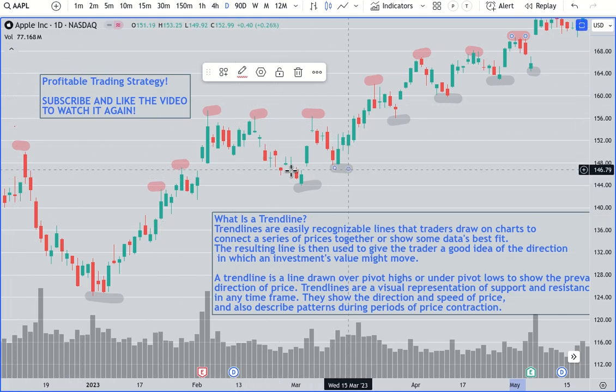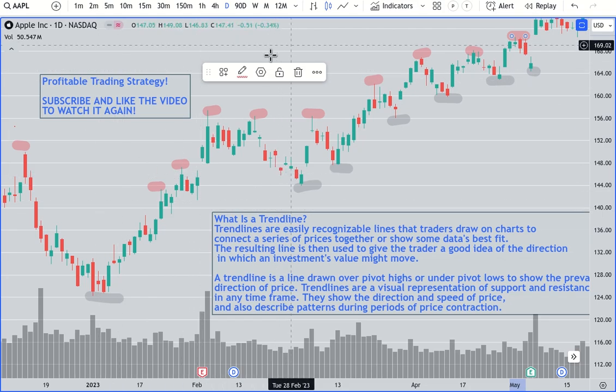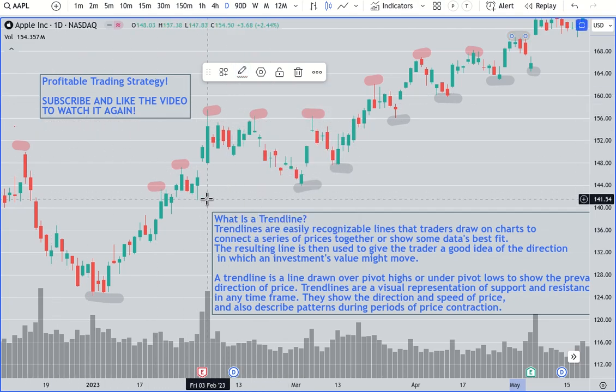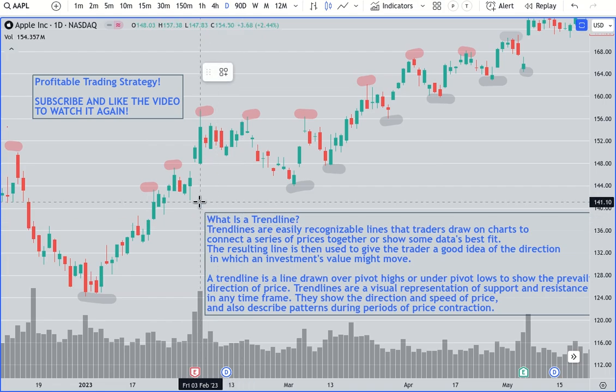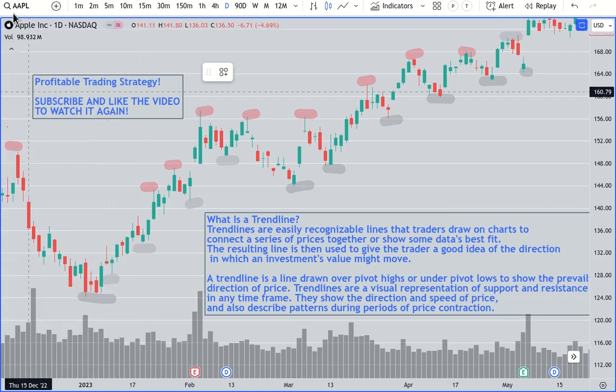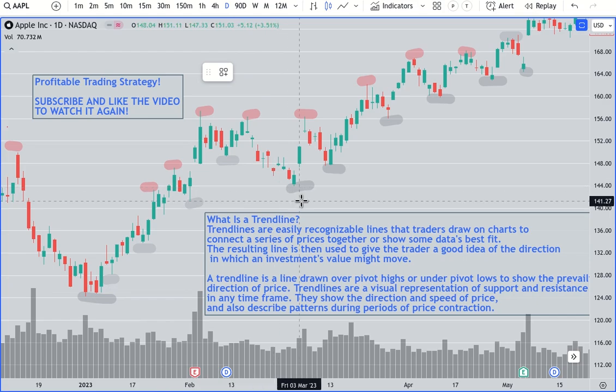And we're going to use these pivots as trend line draw points. Here is support, here is support, here is support. So this is the trend line indicator tool, and I can draw a line between these supports to make a straight line between these two pivots.